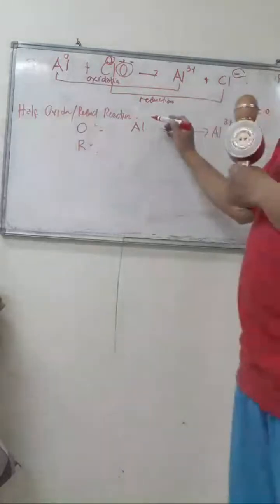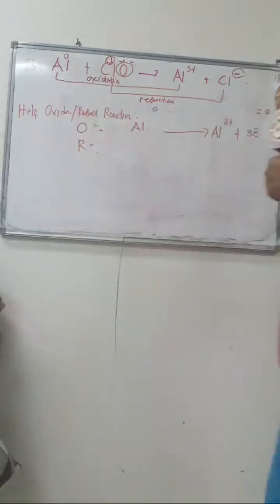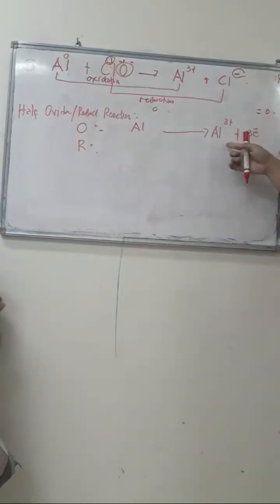This does not need an algebraic expression. Aluminum in a free state is also 0, so charges are equal, 0 equals 0. How about your atoms? One atom of aluminum in the reactant and one atom of aluminum in the product, so it's equal also. Now we go to reduction.